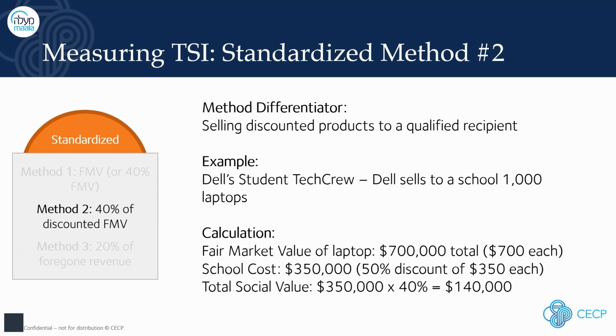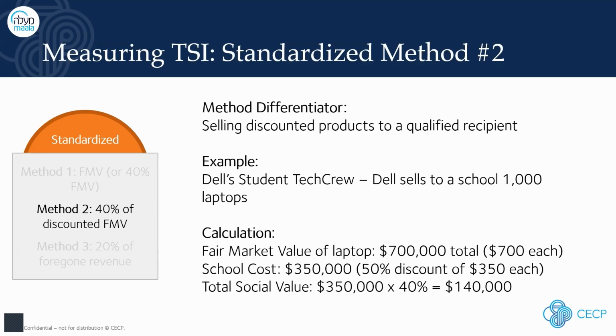For standardized method two, which is where you're selling discounted products to a qualified recipient, we'll use the Dell Student Tech Crew that we talked about in a previous module. We're going to assume that Dell sells to a school 1,000 laptops as part of that program, in addition to setting up the help desk and creating the training tools for the students. The fair market value of the laptops is $700,000 total, so each laptop is worth $700.